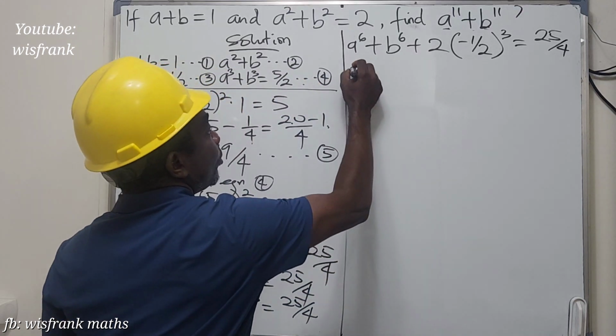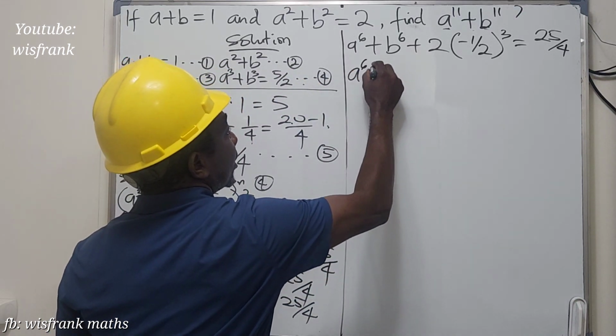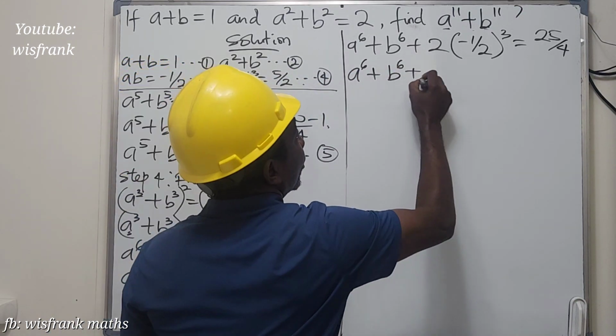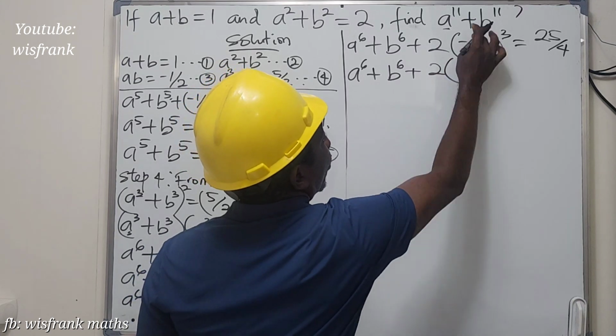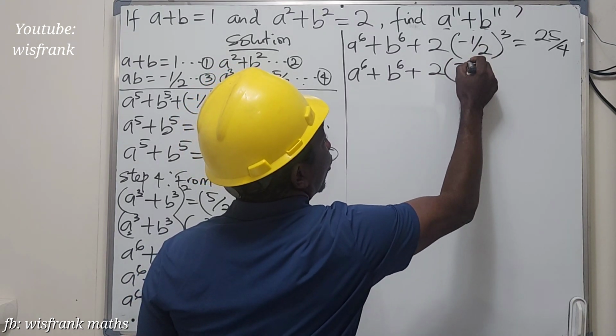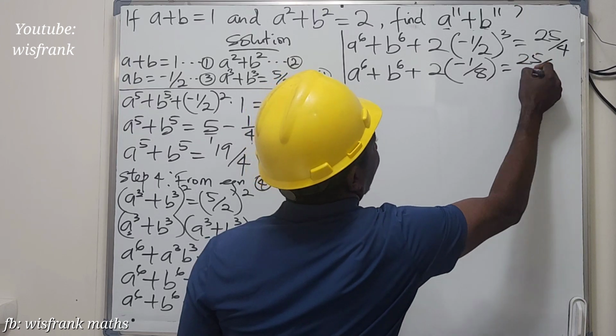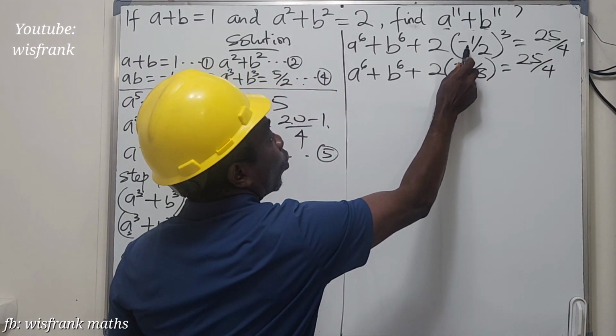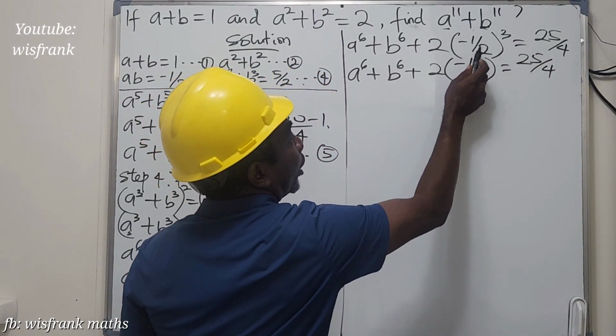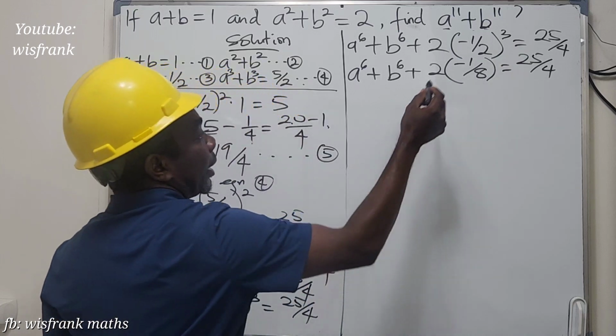So this will become a to the power of 6 plus b to the power of 6 plus 2 into minus 1 all over 8 equals 25 all over 4, because minus 1 to the power of 3 is minus 1 and 2 to the power of 3 is 8. That is what we have.